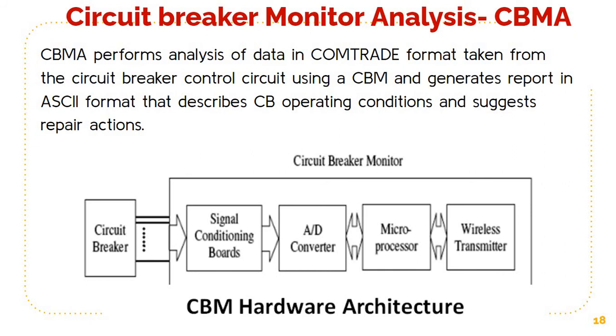And COMTRADE stands for Common Format for Transient Data Exchange for Power Systems. It is a file format for storing oscillography and status data related to transient power system disturbances. And ASCII, all of you know, American Standard Code for Information Interchange.